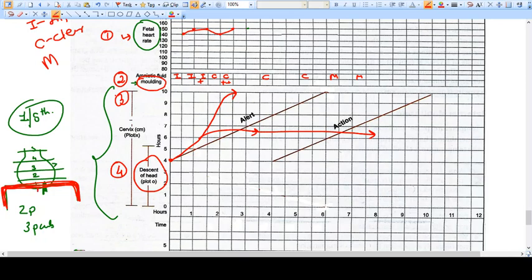This is the brim of the pelvis, that is the symphysis pubis, and how many fifths of the head are still above. For example, if all 5/5 are above the brim, that means the head is not engaged at all. But if you see that only 2 fifths of the head is seen, that means the head is inside the pelvis.